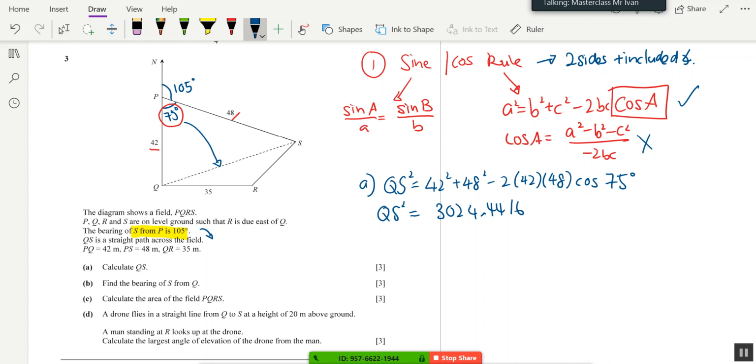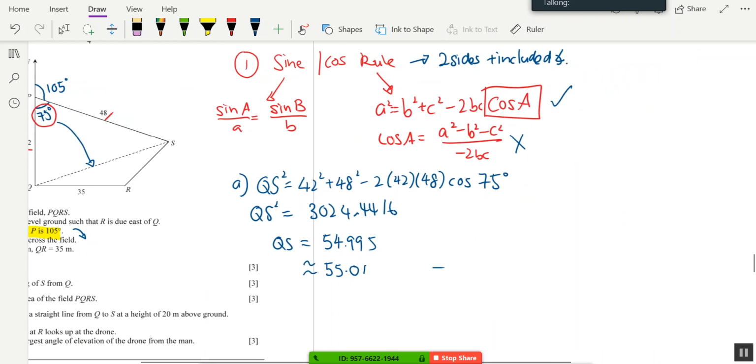Then QS equals the square root of this, which is 54.995, approximately 55.0 meters.